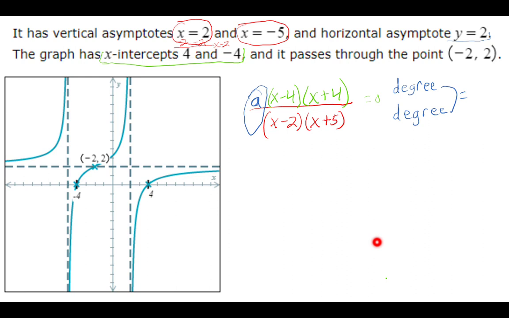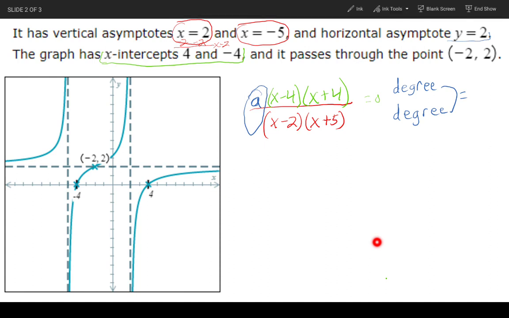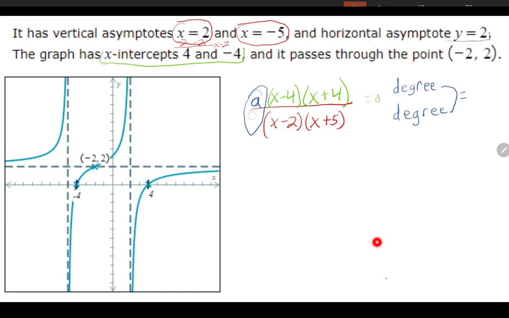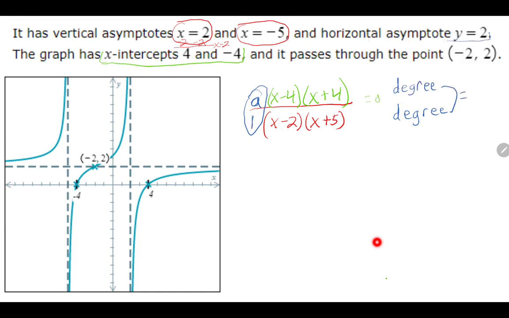Now, the only thing I don't know here is a. Here's the great thing. Here's what I do know. I know that a over 1 must equal 2. Maybe I didn't put the 1. Let me put the 1 so we can make sense of this. A over 1 must equal my horizontal asymptote.